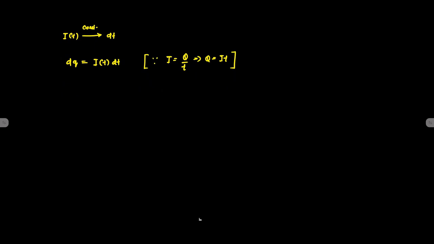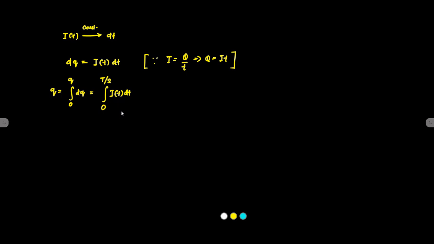That implies the total charge transferred during the positive half cycle of the alternating voltage, q, is equal to the integration of dq from 0 to q, which is the integration of I(t) dt from 0 to T by 2, because we are only considering the positive half cycle of the alternating voltage. The positive half cycle of the alternating voltage means the positive half cycle of the alternating current also.